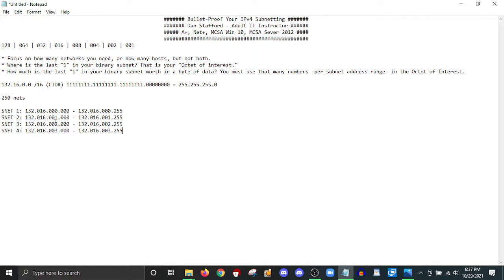All right, last one is in the third octet. It's worth 1 in a byte. I get one number in the third octet per address range, so 0, that's one number. 1, that's one number. 2, that's one number, right? And this is how it rolls out.